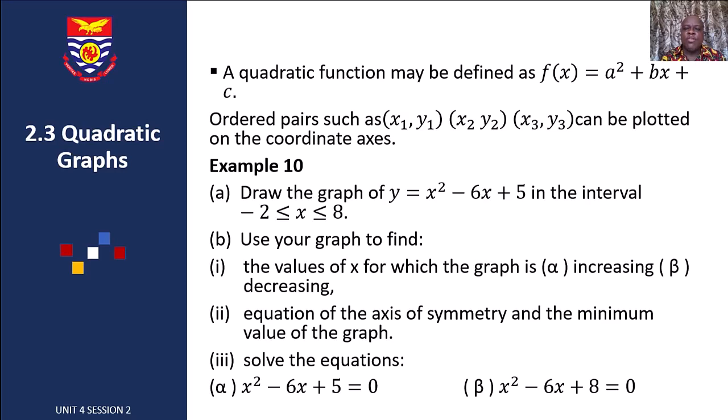We draw the graph by plotting ordered pairs such as x1, y1, x2, y2, x3, y3. And when you plot these ordered pairs, it will not give you a straight line like the linear function, but rather it gives you curves.